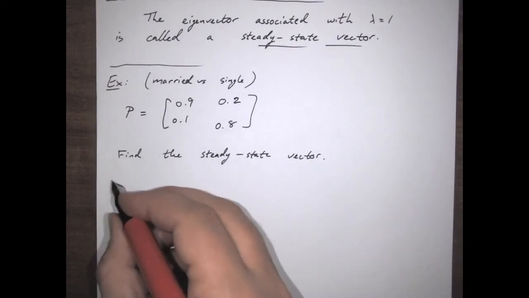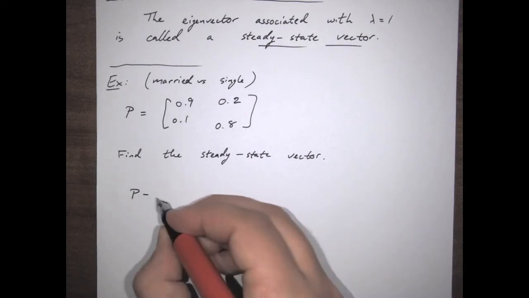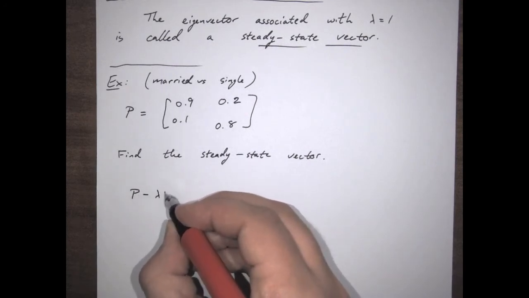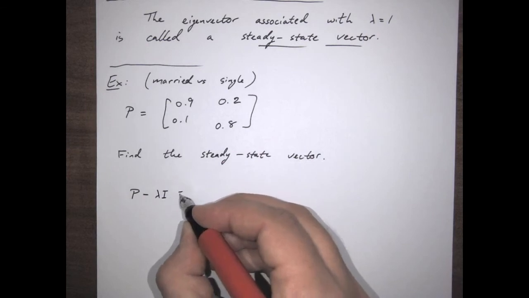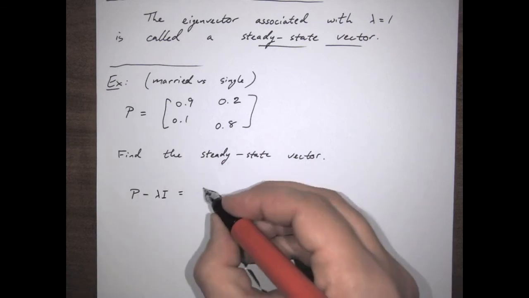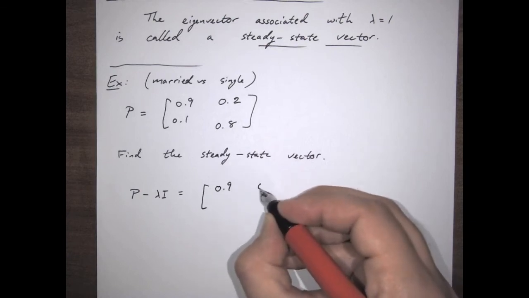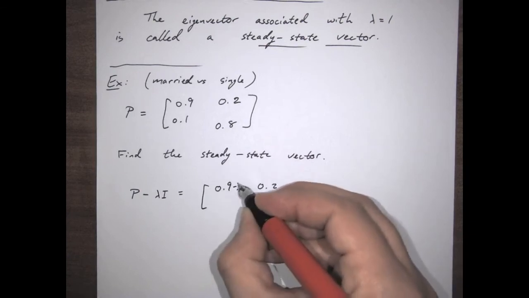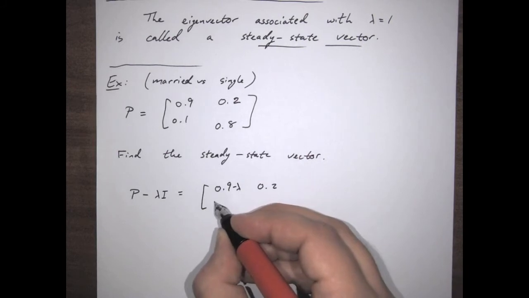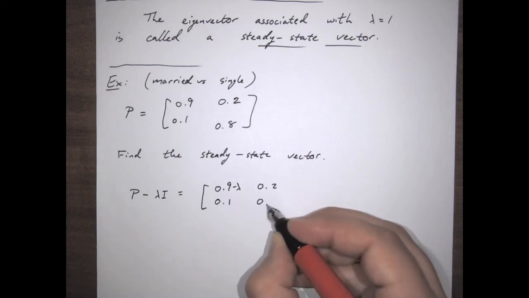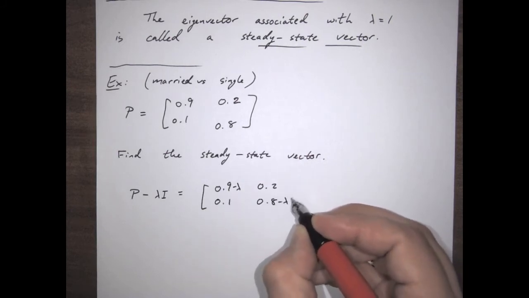Okay. Well, P minus lambda I would be 0.9 minus lambda, 0.2, 0.1, 0.8 minus lambda.